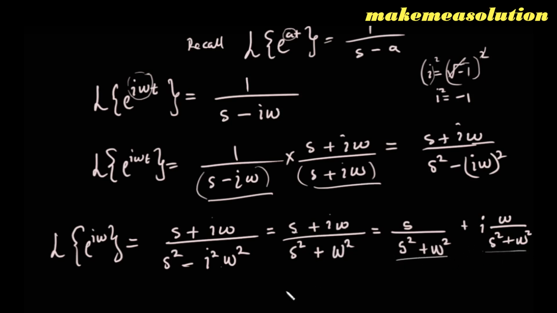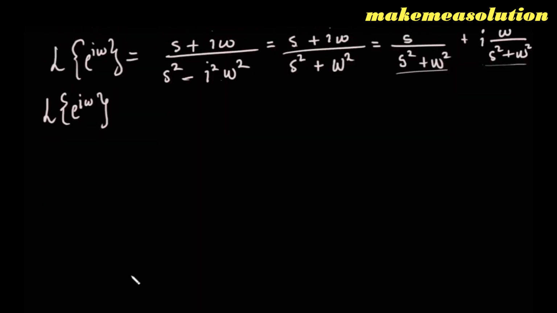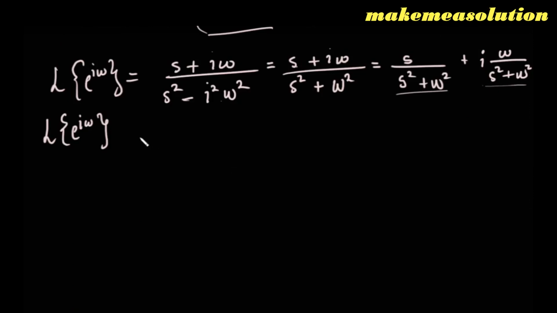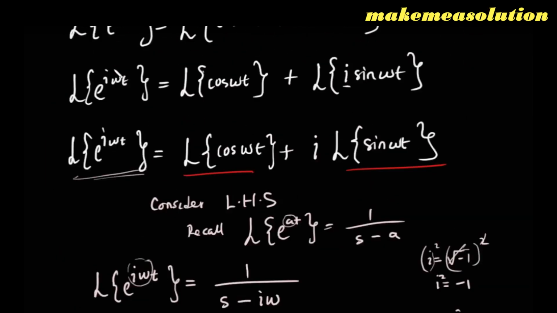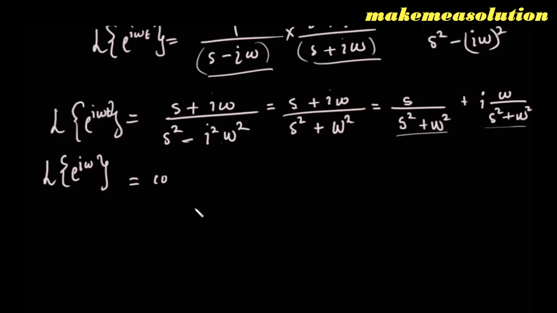Is that okay? So if you compare what we've gotten now from the beginning, the Laplace transform of exponential i omega t, we got the Laplace transform of exponential i omega to be cos, sorry, I missed the t, you shouldn't miss the t: i omega t.